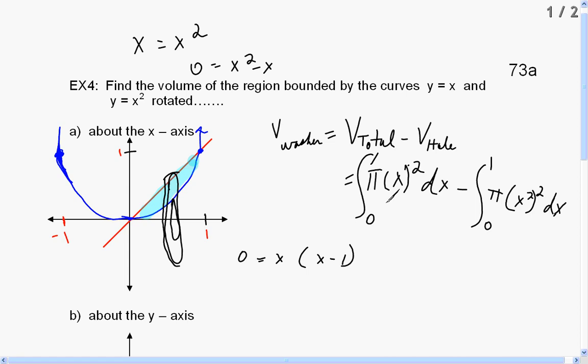So basically, in each one of these terms, I'm integrating from 0 to 1, I've got a pi in it, and a dx. So I could put all this together: pi times the integral from 0 to 1 of the radius x squared, then minus this radius x squared.